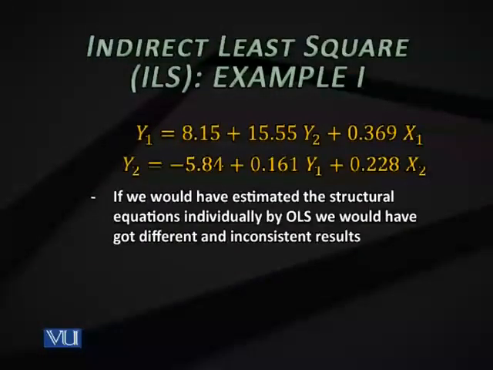When we do that, we estimate these pi's with the help of ordinary least square, and then use those values to get these values that you are seeing on the screen, which show that you have got some values of these structural parameters which are different from the ordinary least square estimations of these structural parameters if you would have estimated the equation separately. Now we haven't done it separately. We have simultaneously solved. We have found the values of these structural parameters that are reliable and consistent by applying the technique that we are calling ILS.